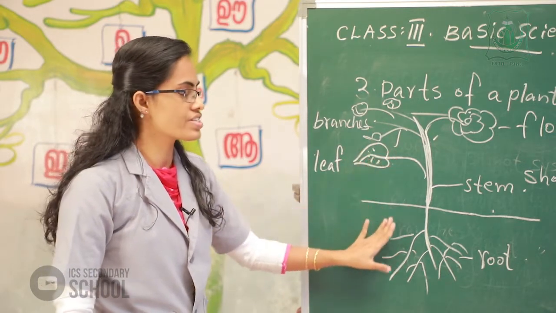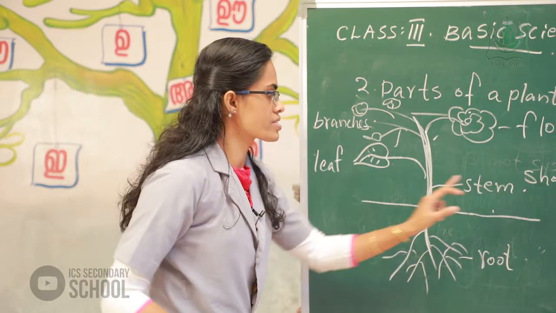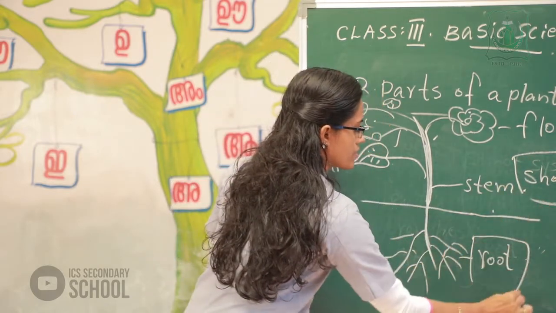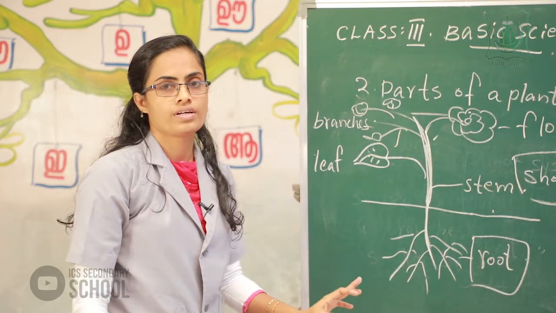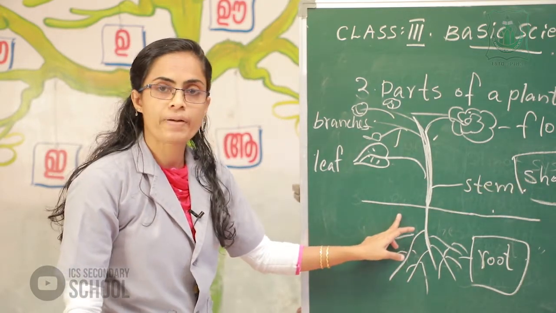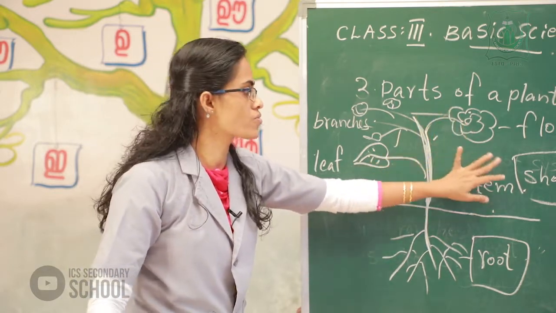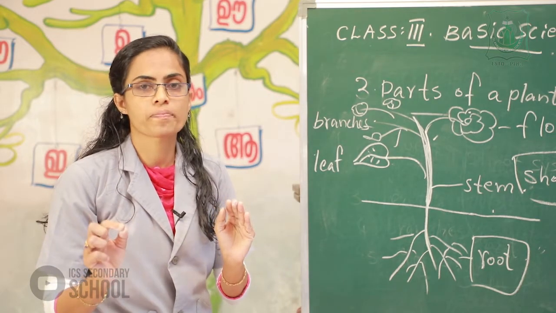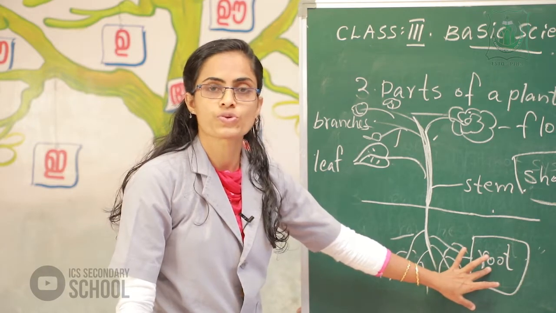The plant has two parts, root system and shoot system. The part of the plant which grows above the ground is called shoot system. The part of the plant which grows below the ground is root system.